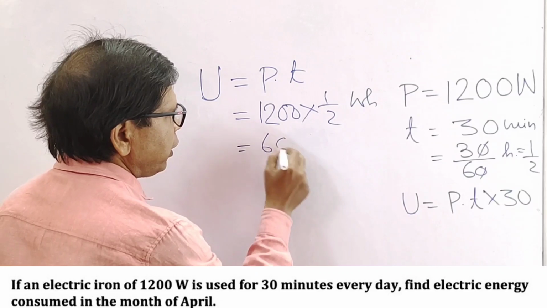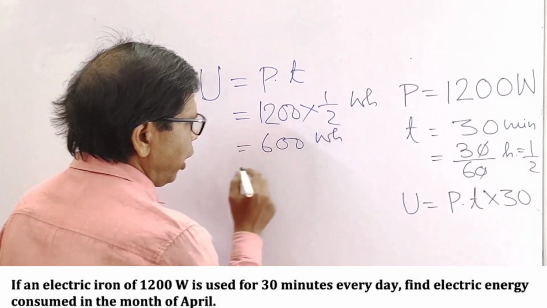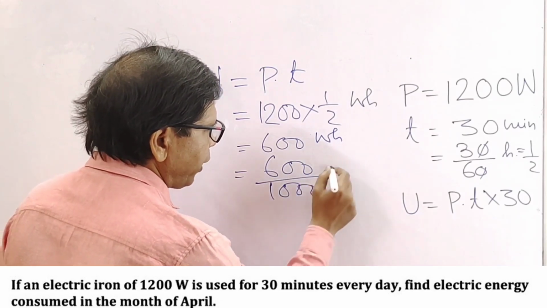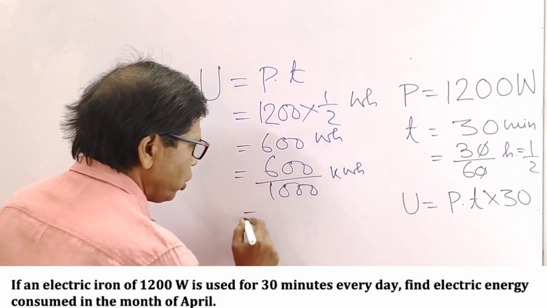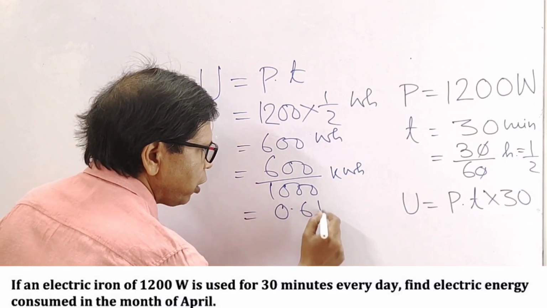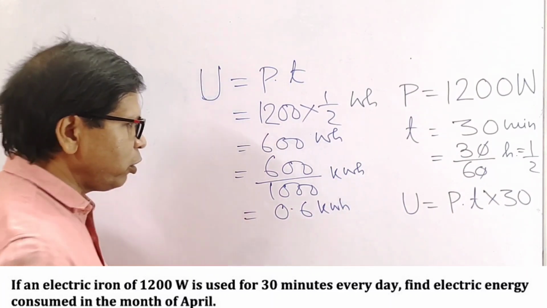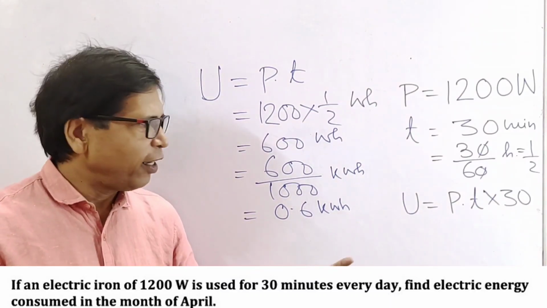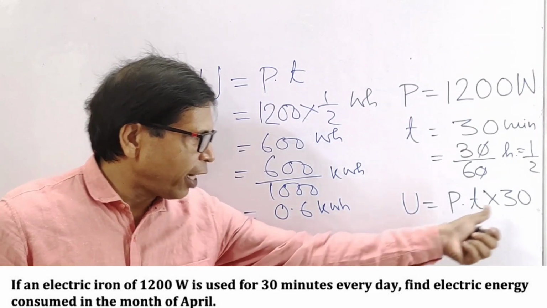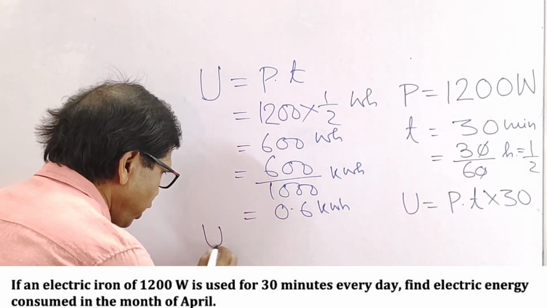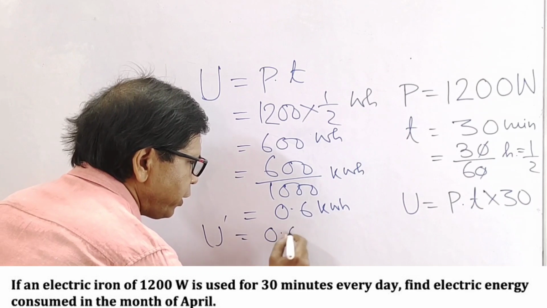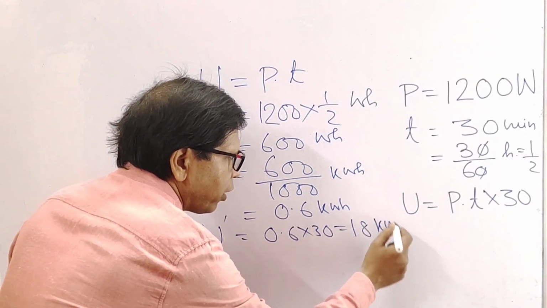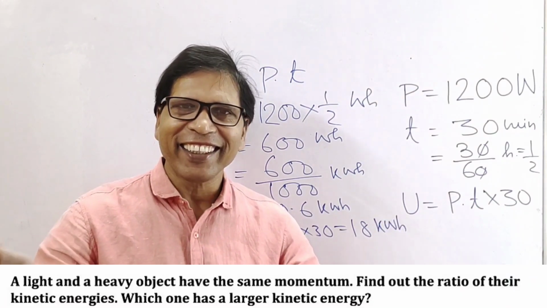So this is 600 watt hour. Therefore 600 divided by 1000 kilowatt hour. So this is 0.6 kilowatt hour, that is 0.6 units. This energy is consumed in a day. Therefore energy consumed in 30 days is 0.6 into 30, equal to 18 kilowatt hour. Okay, understood?